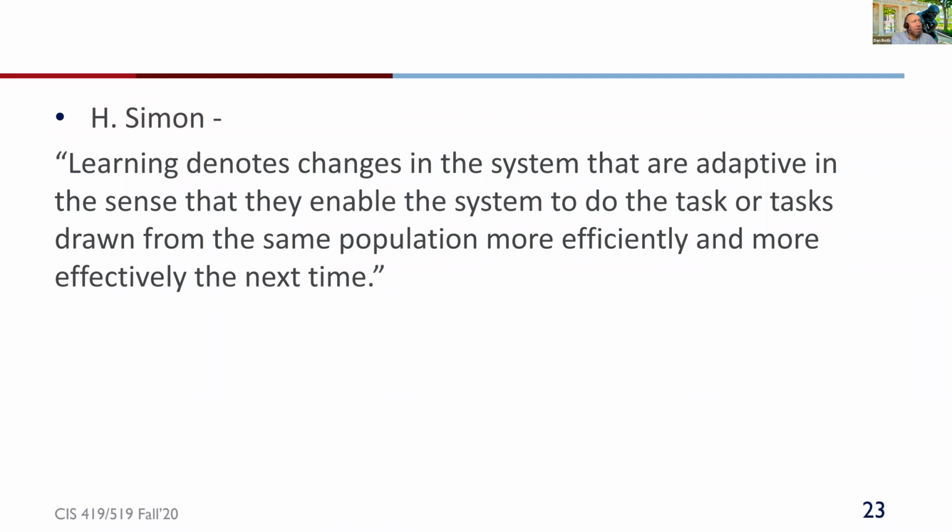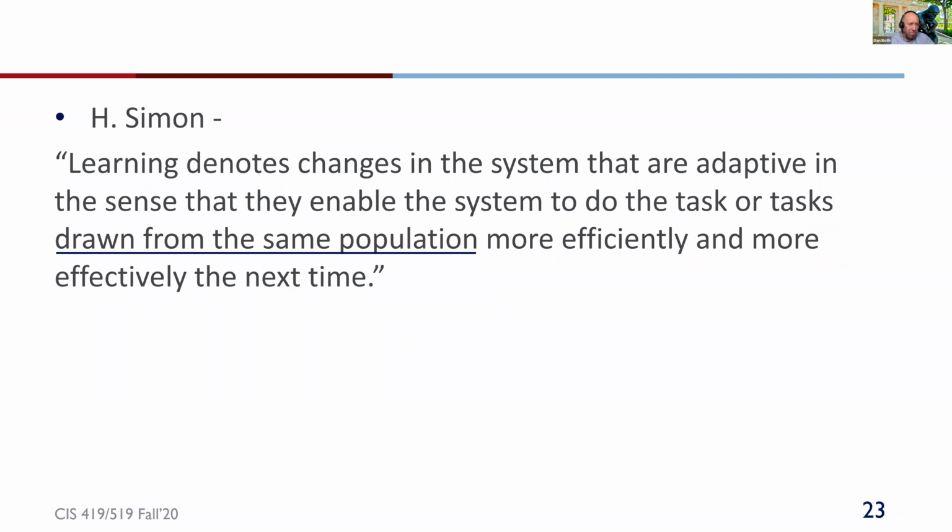He defined learning to be changes in the system that are adaptive in the sense that they enable the system to do the task or tasks drawn from the same population more efficiently and more effectively the next time. And I'm going to highlight here a very important part of this that we're going to attend to in a very technical way in the class: drawn from the same population.